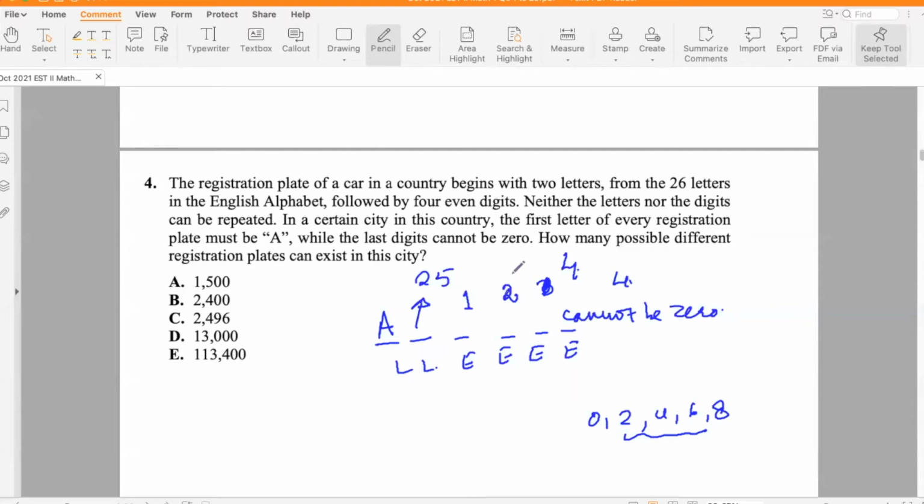The next can be any of the remaining 3, and the next any of the remaining 2. So the total number will be 25 into 2 into 3 into 4 into 4. That's 25 into 2, 50, into 4 into 4, 16 into 3, 48, so that would be 2400, option B.